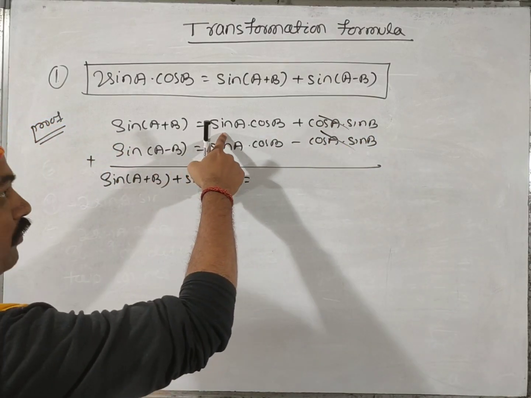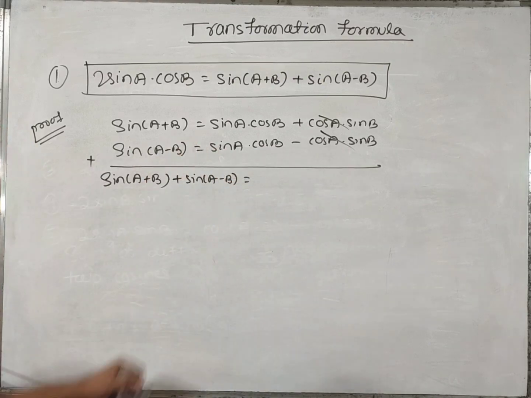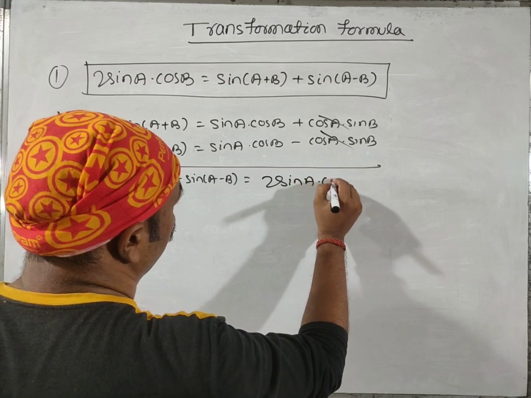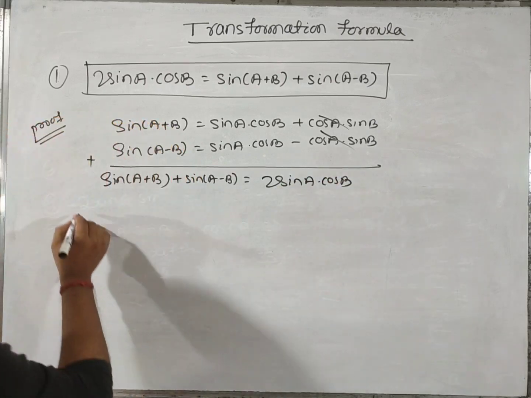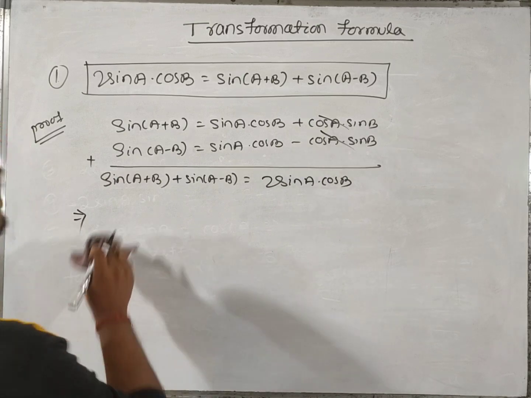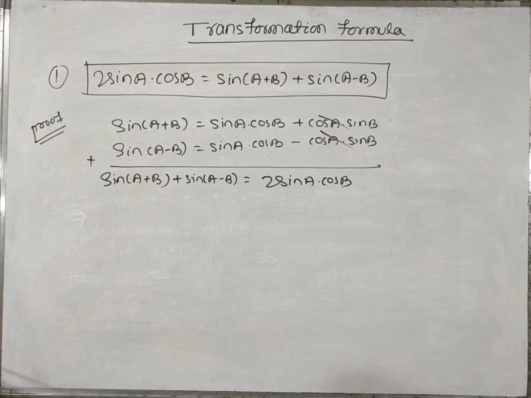The rest of the parts are sin A cos B and again sin A cos B. That means it will be 2 sin A cos B. So this is the proof of the first one: sin(A+B) + sin(A-B) = 2 sin A cos B.